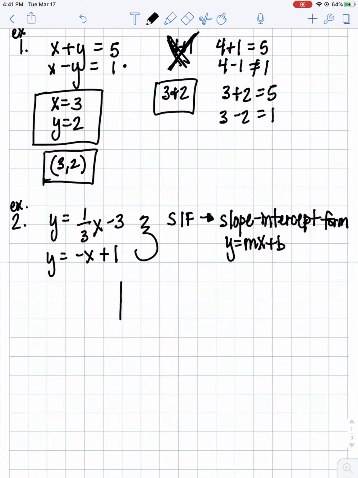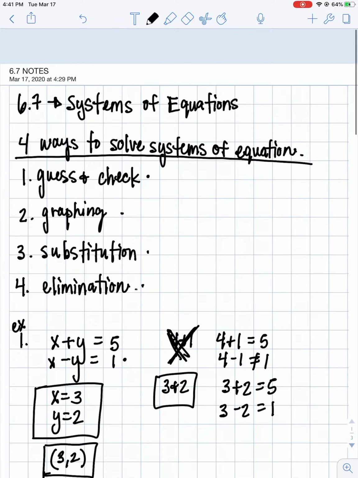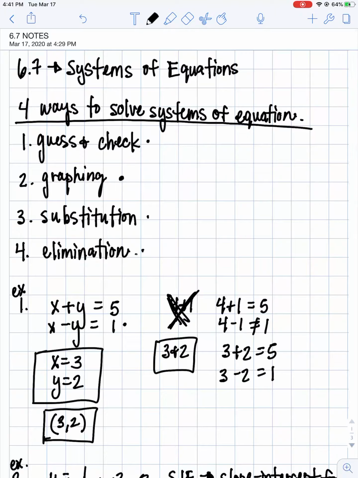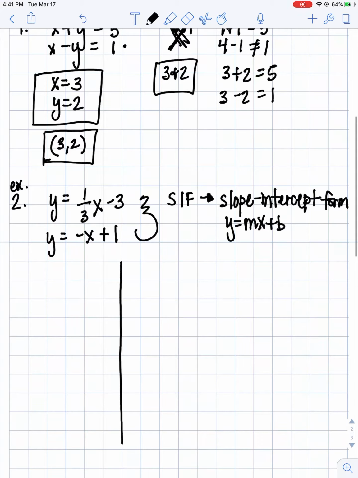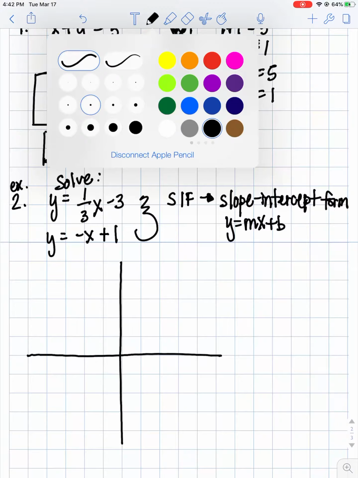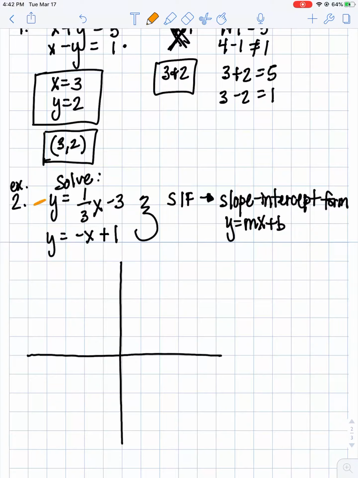And so if they're in slope-intercept form, guys, I can graph them. And if you remember, method number 2, if I scroll back, was solving by graphing. So that's exactly what I'm going to do. I'm going to solve the system of equations by graphing, okay? And so if I come over here and I've tried to do graph paper as the background again, okay? So let's take a look at line 1, and I'll do line 1 in orange.